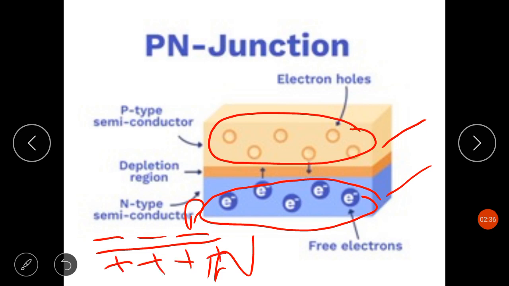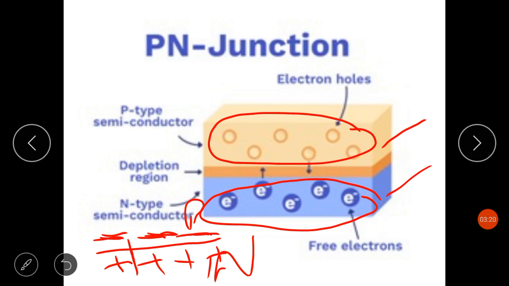This process keeps going: the electrons from the n side keep moving towards the p side and make the atoms near the interface negative. It continues until the negative charge on the p side of the depletion region is strong enough to repel the electrons from further crossing the interface.